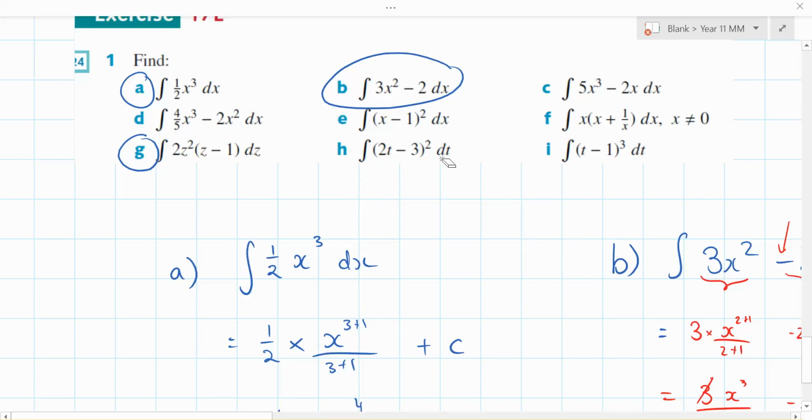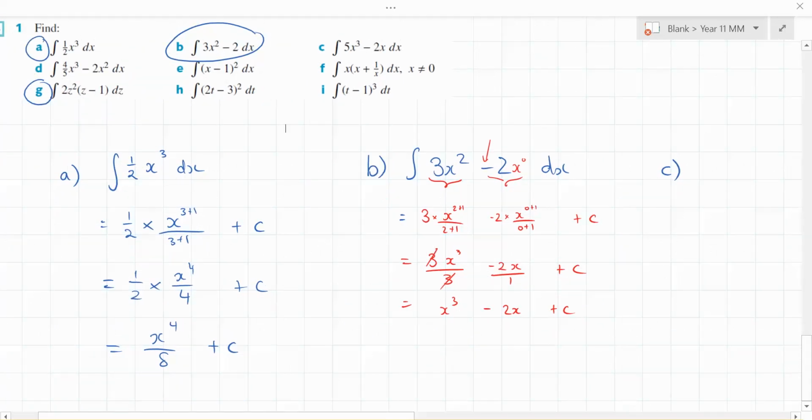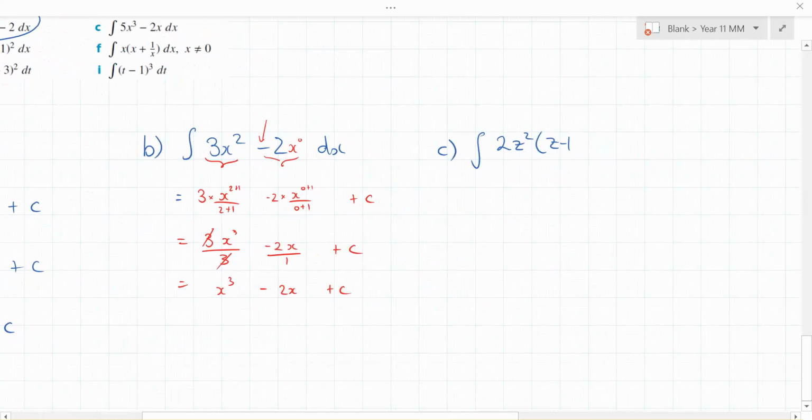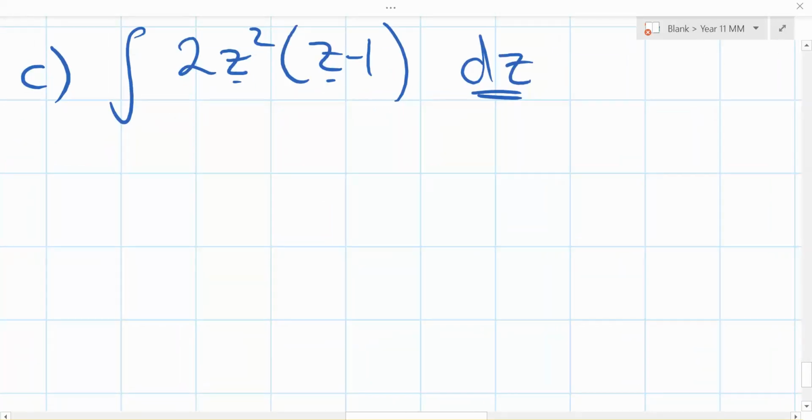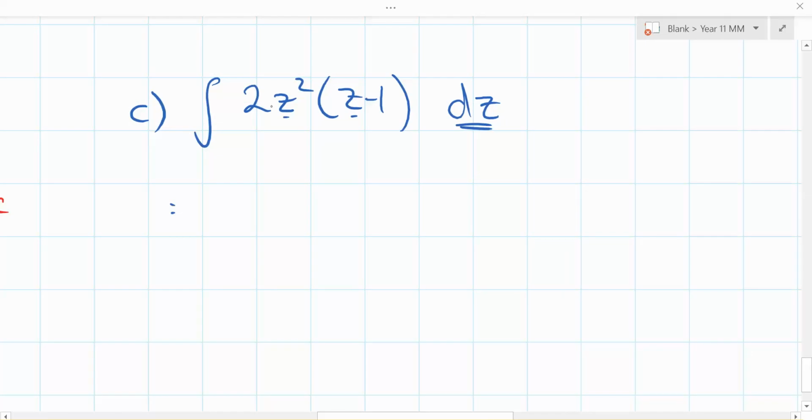Okay, now let's look at G. So G is similar to H in the sense that you're antideriving 2z squared times z minus 1 dz. Okay, notice it's dz because you're only dealing with the z values here. Again, same thing, we can't antiderive it when you have z squared multiplied to something else.